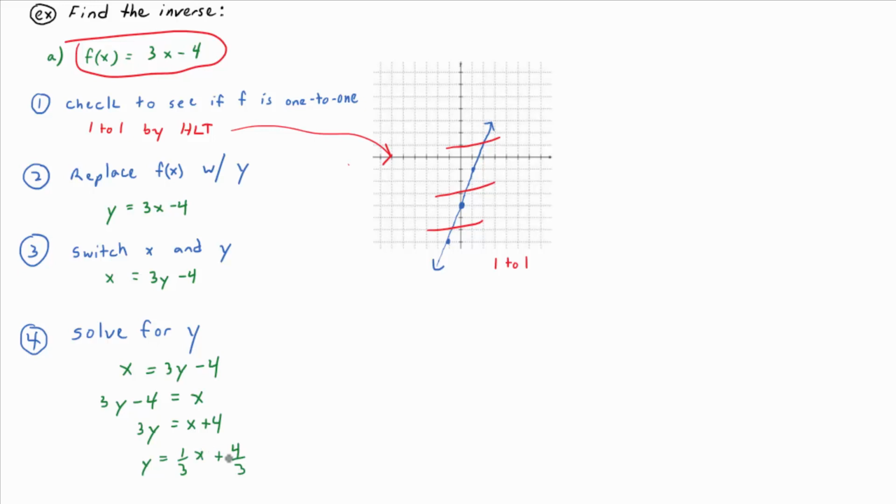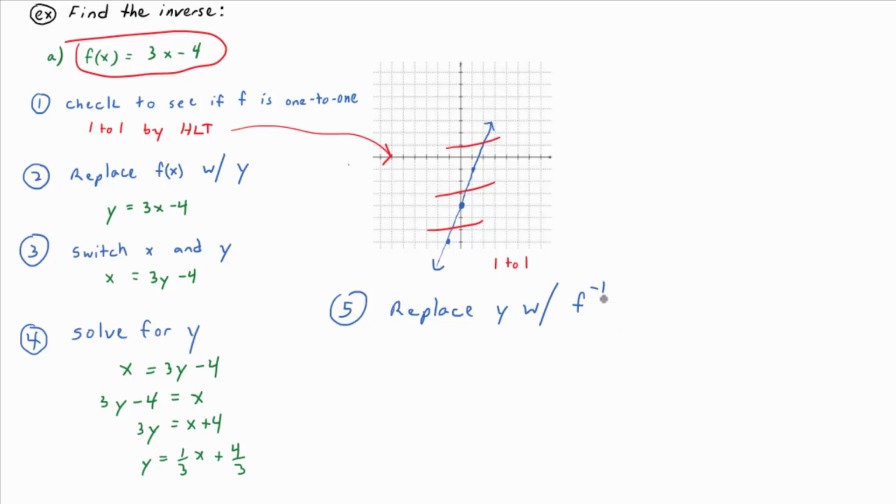We're almost done. That's essentially the inverse function, 1/3 x plus 4/3. The last step is to use the proper notation. So we're going to replace y with, okay, the proper notation, you use the f superscript -1, that means f inverse, and then function notation parentheses x.